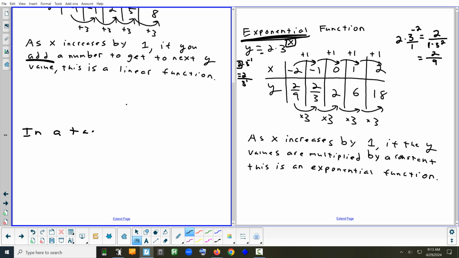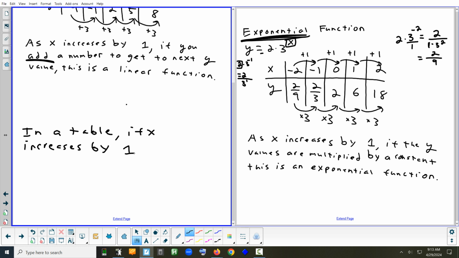In a table, if x increases by 1, and actually I pretty much wrote it right there. Let me see if I can just shorten it.